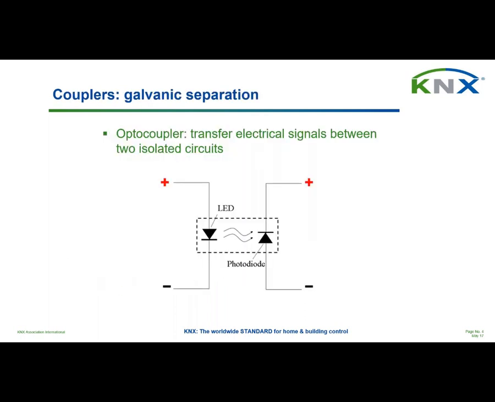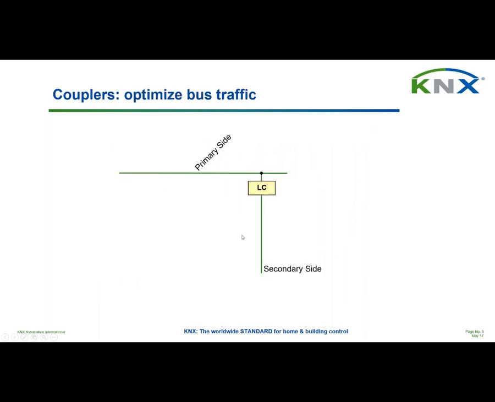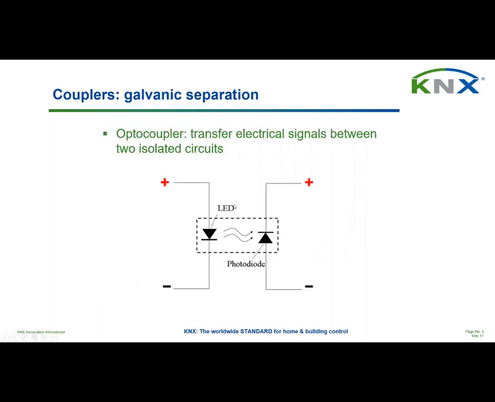Here we see the specific aspect of galvanic separation. If this is the primary side and this is the secondary side, we can see that they are electrically not connected. They are really separated from one another.